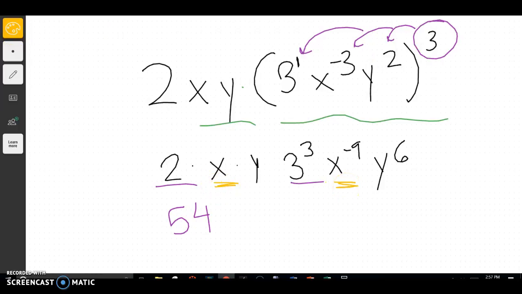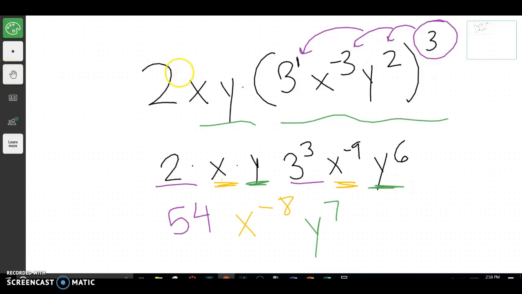Well, this is 1x, and this is negative 9, so that would give me x to the negative 8th, because 1 plus negative 9 is negative 8. And then I have 1y here, and 6y's here, so that will be y to the 7th.